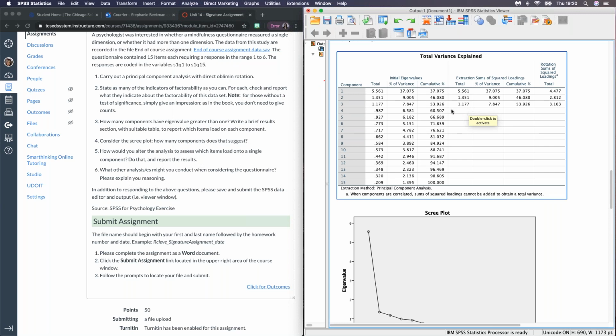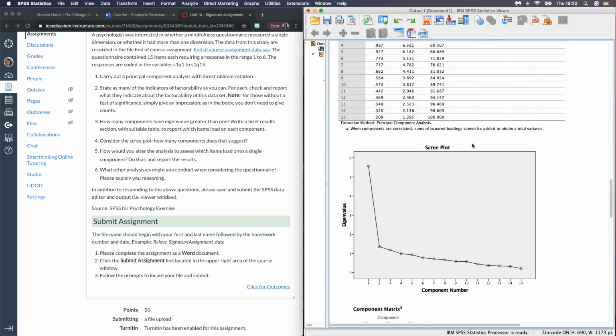So that means that anything that is less than 1 has been omitted from over here. So we see that these 3 that are greater than 1 made it over to this part of the table. So the short answer is there are 3.